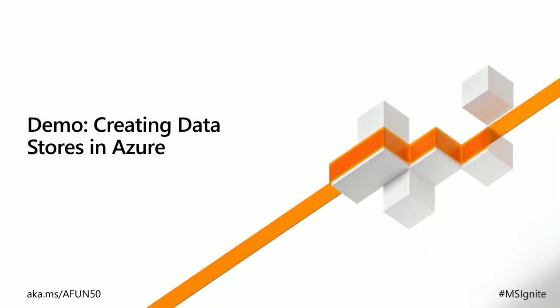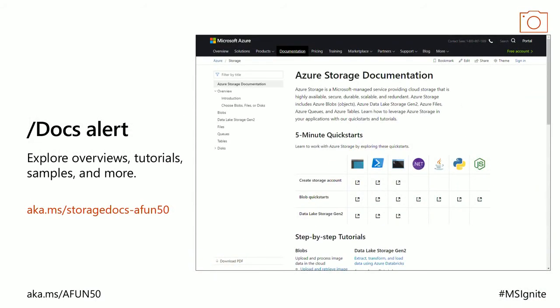I don't want to get away from this without giving you some resources. So if you browse out to the URL at the bottom there, aka.ms/storagedocs-AFUN50, this is going to be all of the documentation overview of the storage accounts and all of the different pieces in there. It's going to get you to your quick starts. All the things that you need to get started are going to be down there.